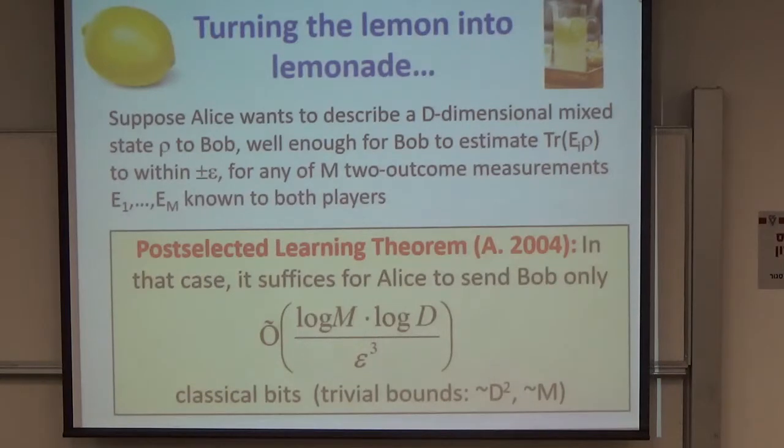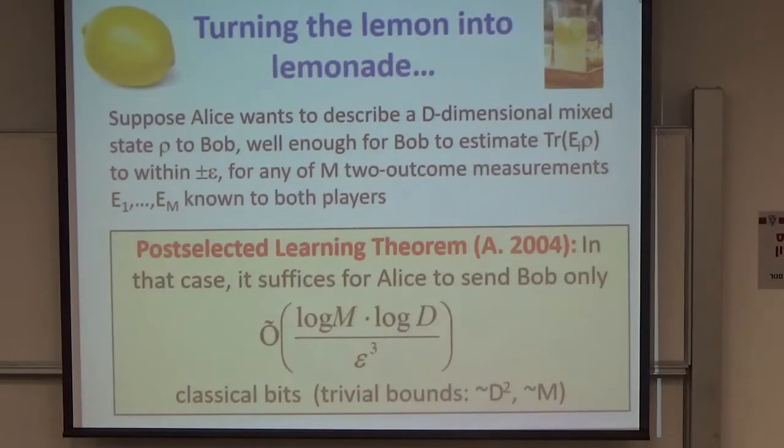If she does that, then she's sending Bob about M bits. We're interested in a situation where both d and M might be exponentially large. Alice and Bob might care about the behavior of an exponentially large state on exponentially many different two-outcome measurements.